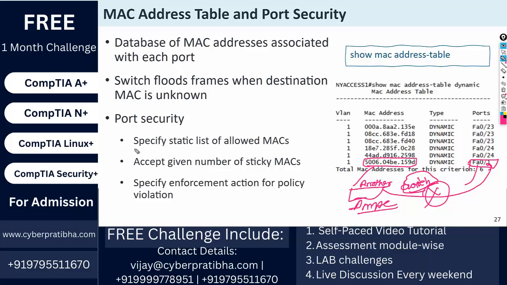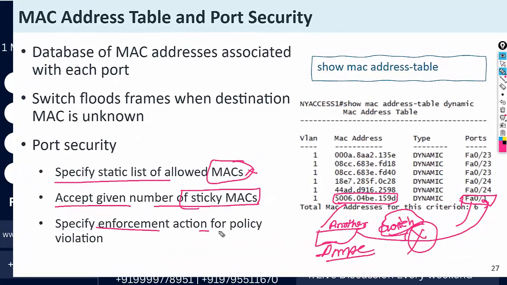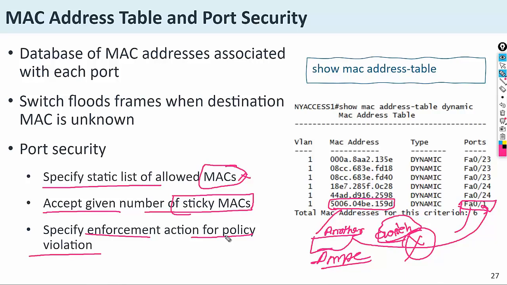Got it? So a specific static list of allowed MAC addresses, not others, except a given number of sticky MAC addresses, and an enforcement action for policy violation. If any type of policy violation happens, then some enforcement can be implemented.